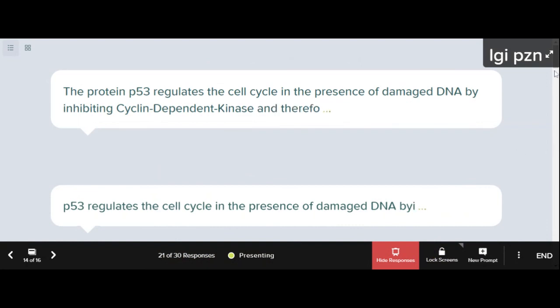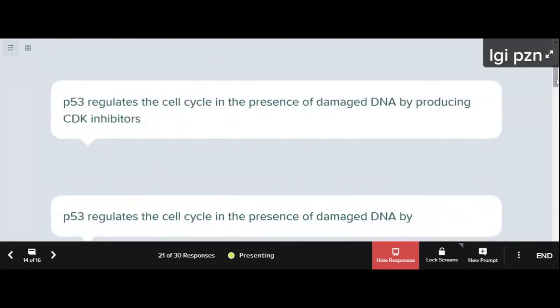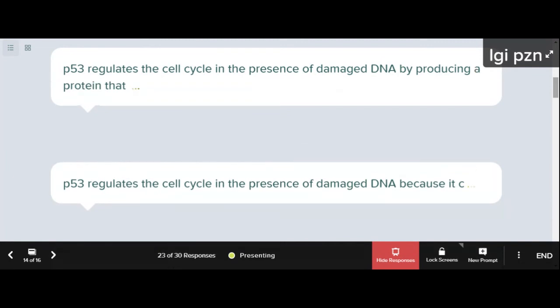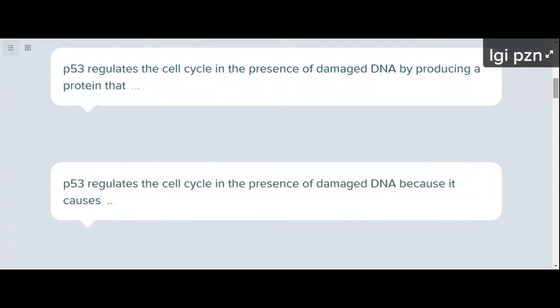It produces a protein that is an inhibitor to CDKs. That's it. It causes the production of a protein that inhibits a CDK. If you said that, you got it, because that's what the diagram shows you, right?